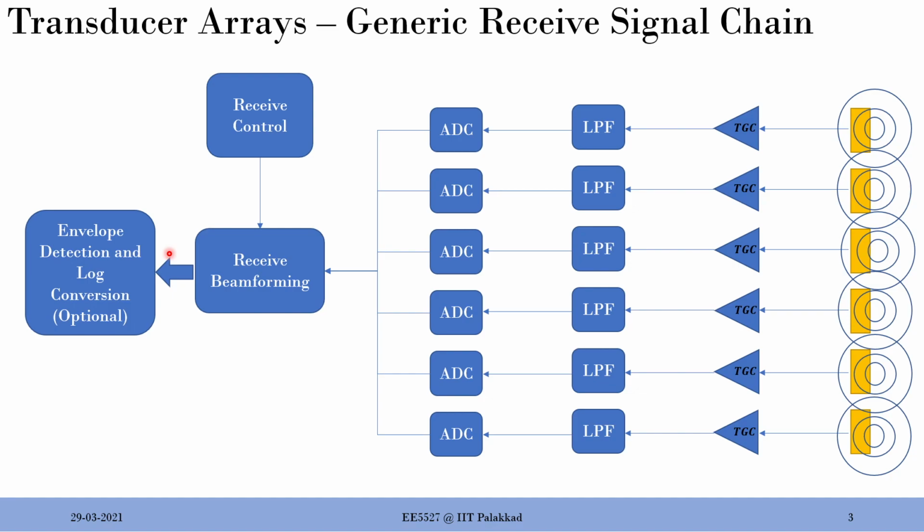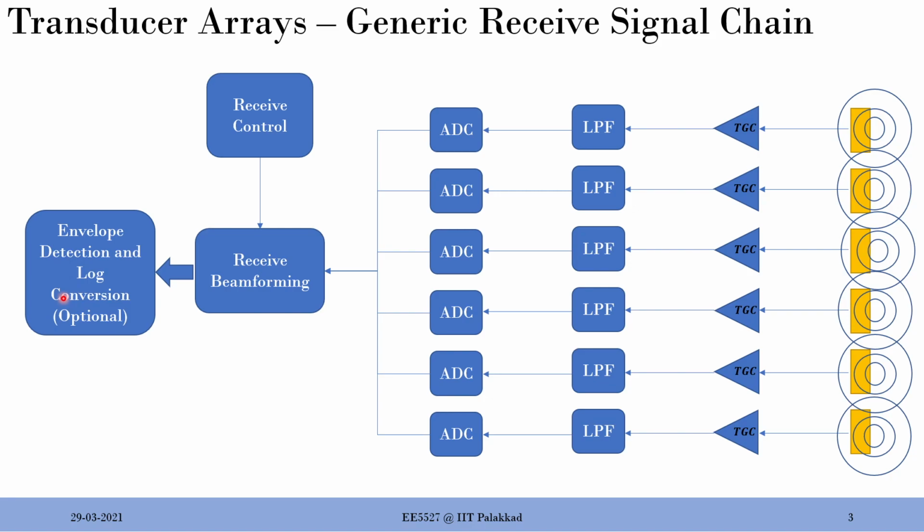So the received signal, even after the beamforming, will still have that frequency content. But I'm not interested in that. I'm not interested in the phase of the signal. I want that phase part to be away. So you can do an envelope detection on this received beamformed signal, and then you may want to do a log conversion also, to suppress the amplitude.